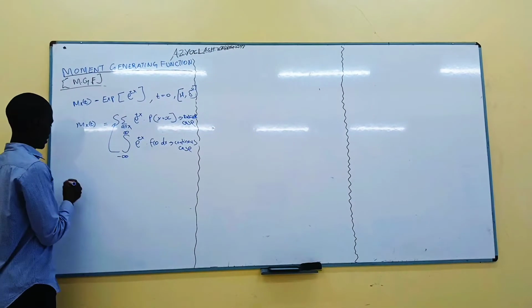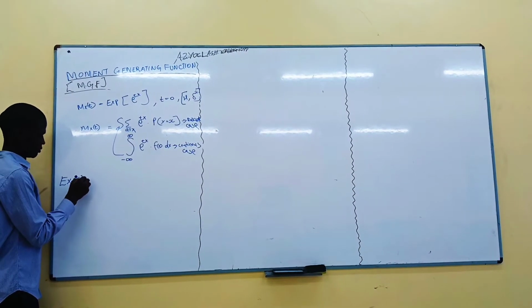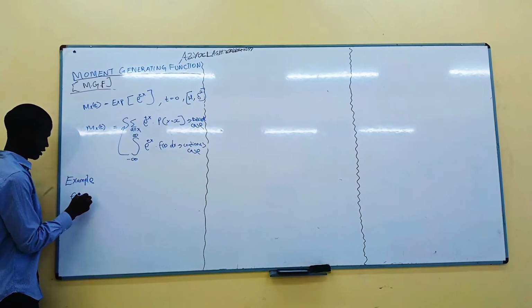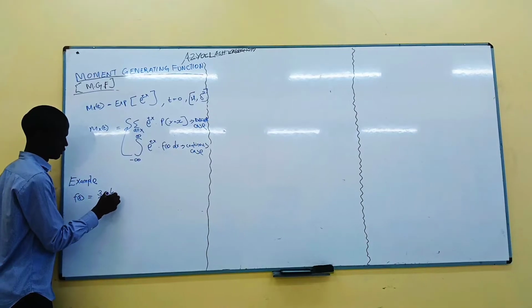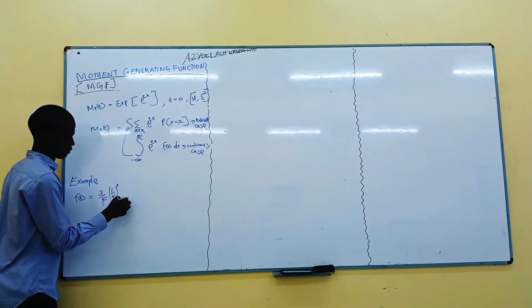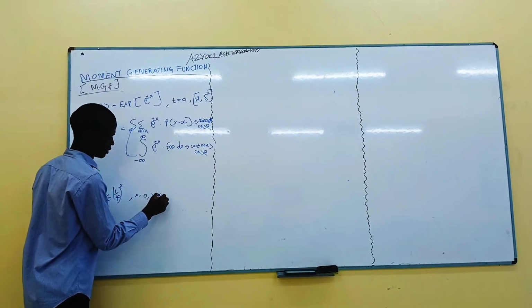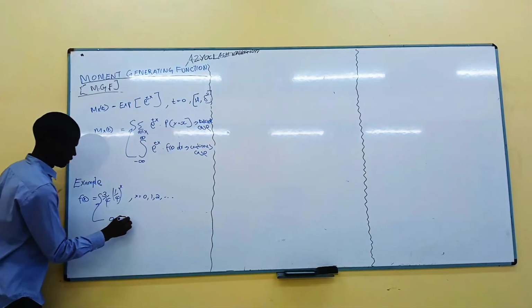Let's look at one of the examples. We are given a function f(x) equals 3/4 times (1/4)^x, where x equals 0, 1, 2, as you continue, and 0 otherwise.